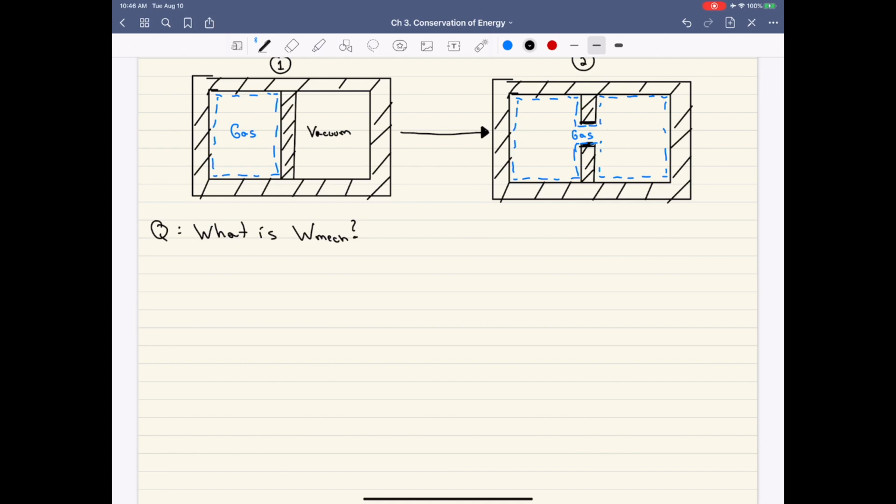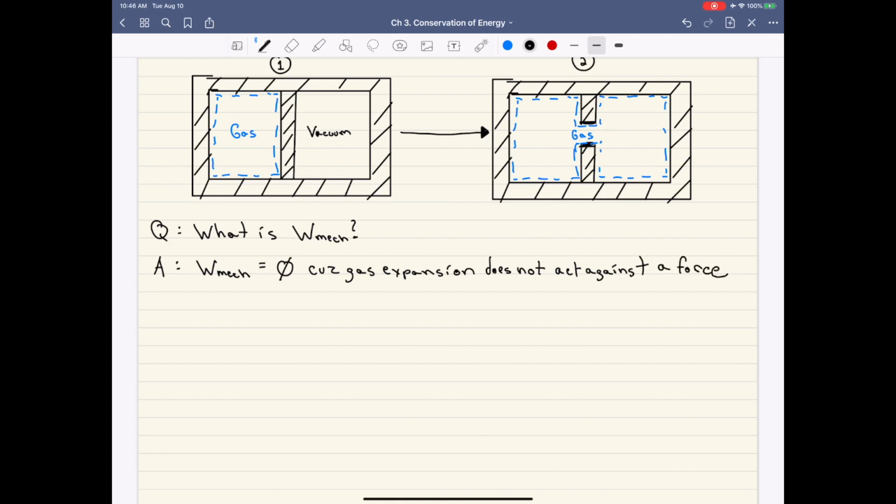It turns out that whenever we have free expansion, even though the gas is expanding, the mechanical work that occurs is exactly equal to 0. Okay? And the reason for that is because the expansion of the gas is not acting against any sort of force.